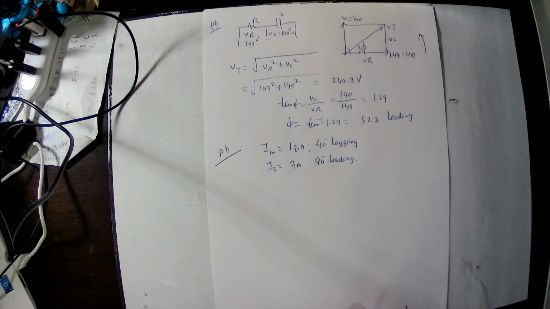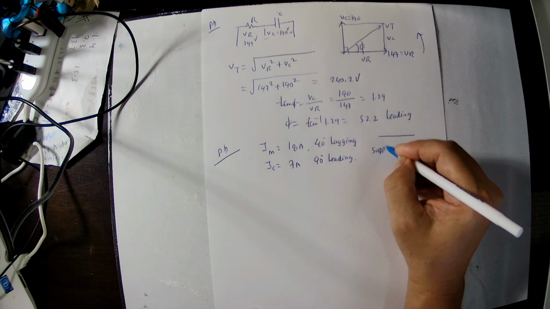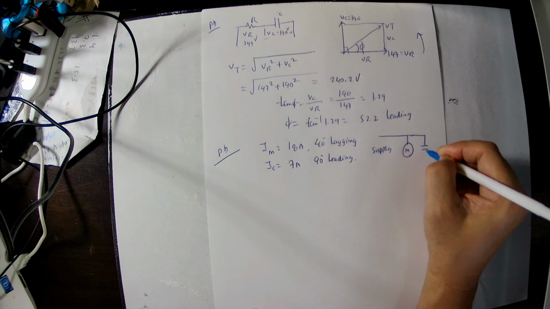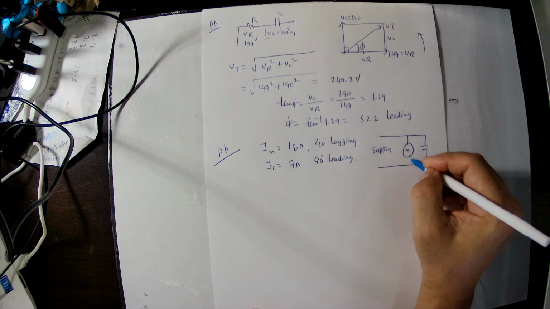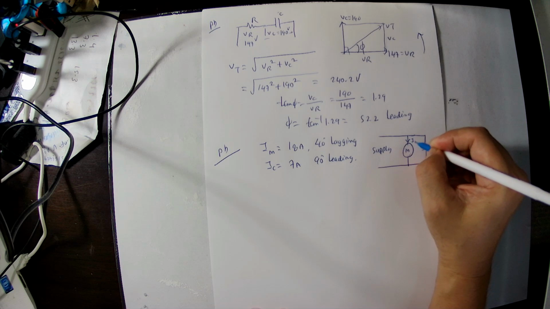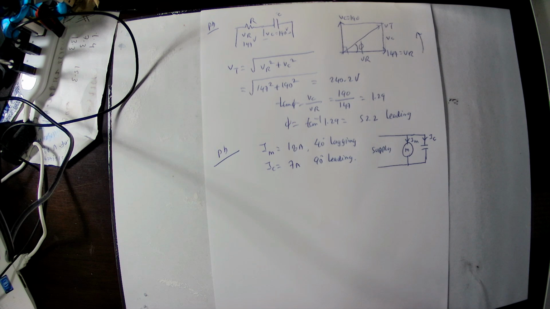So in this problem, here is the supply, here is motor, here is capacitor. This is the IM flowing in this direction, IM here. This is the IC here. IM is 40 degrees lagging, IC is 7 ampere and 90 degree leading. So those are given. We have to calculate the current from the supply.